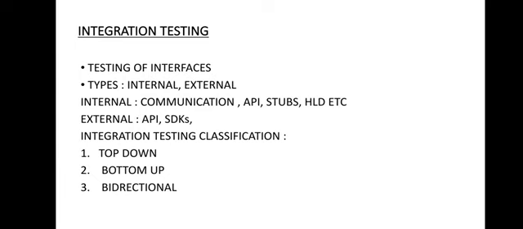The next important thing is high level design. Testing for internal interfaces requires a complete understanding of the architecture and the complete high level design, and the impact of it on the software functionality. That is also a point that we should understand.